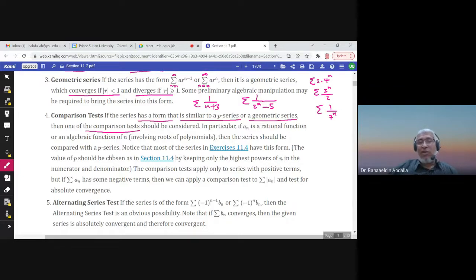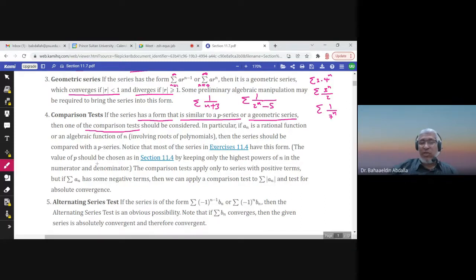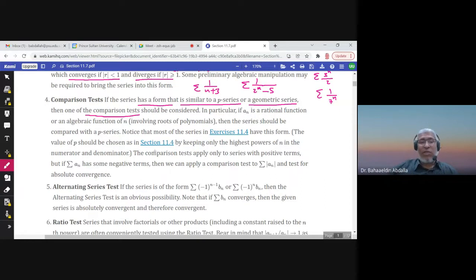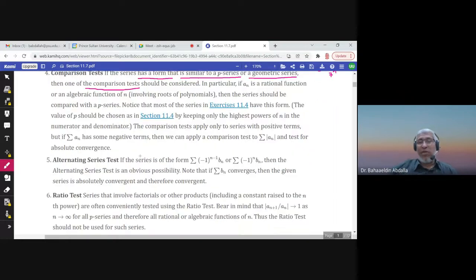Less than a convergent geometric series would be convergent. And greater than a divergent geometric series or divergent p series would be divergent. So this is the comparison test. You can check section 11.4 for more information about the comparison test. But pay attention that we use the comparison test when the series has positive terms.